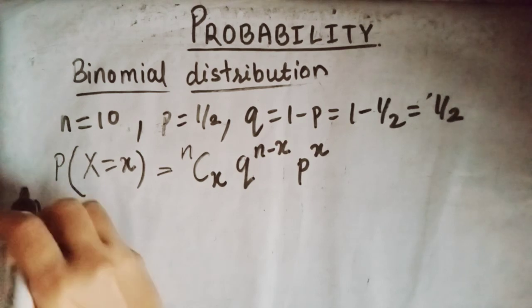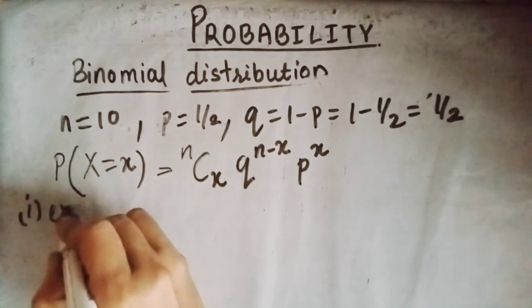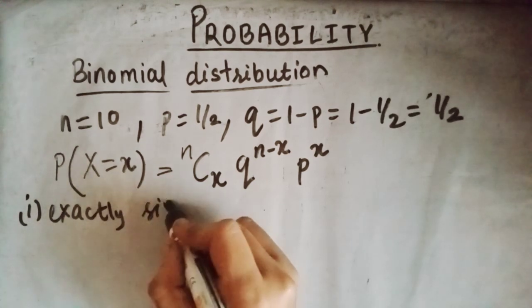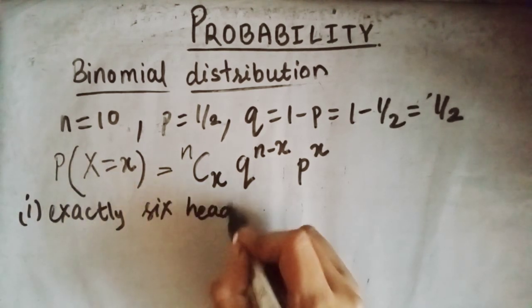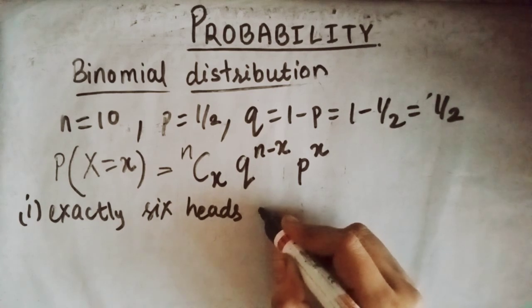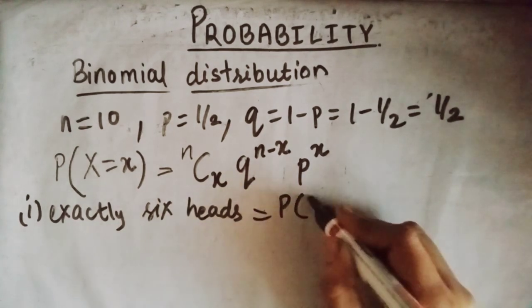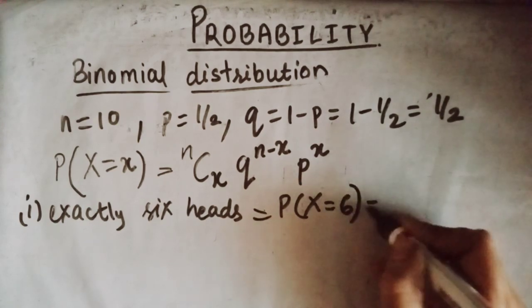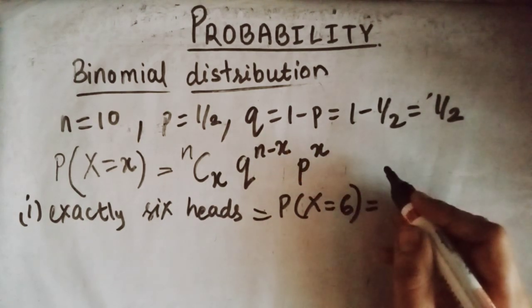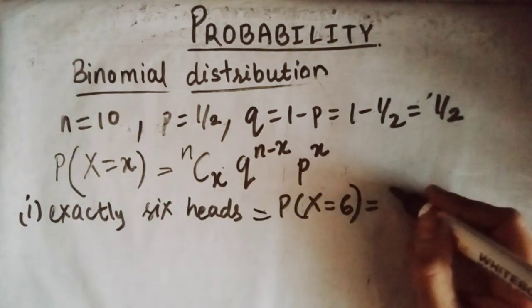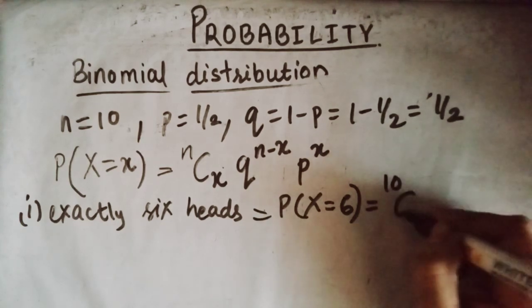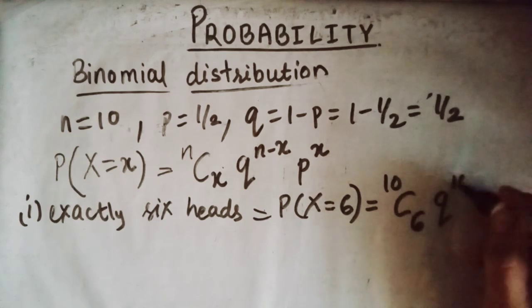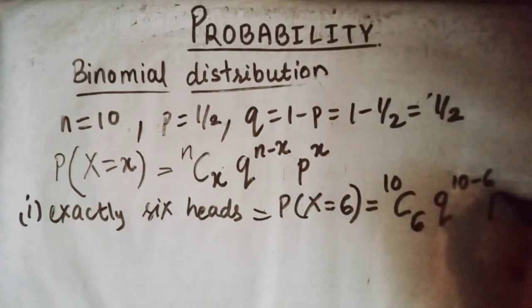First, it is given exactly 6 heads, so the probability for the random variable will be for x equal to 6.